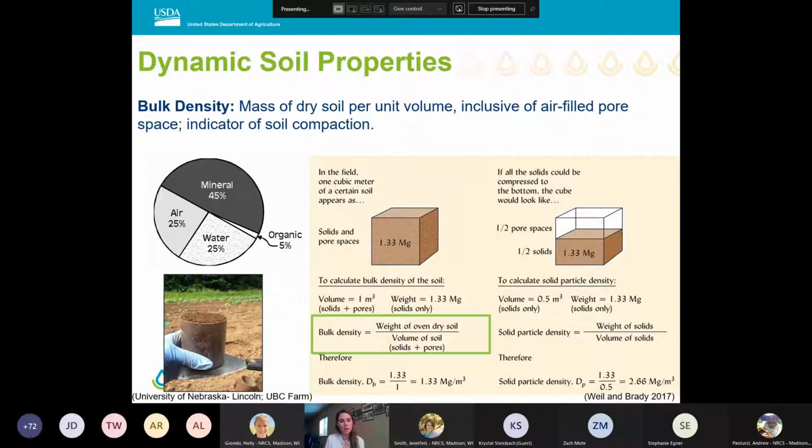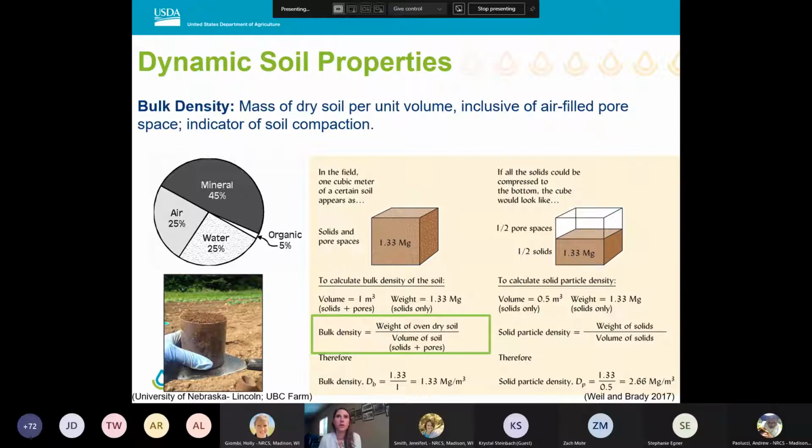But it's dependent on soil texture, so an inherent property, the density of the soil minerals, so sand, silt, and clay, and organic matter. Basically, the more compacted your soil, the higher the bulk density, the heavier the soil is, because you're compressing that 50% that should be basically pore space. A high bulk density restricts rooting depth, water infiltration. It can influence the uptake of water and nutrients by the plant.